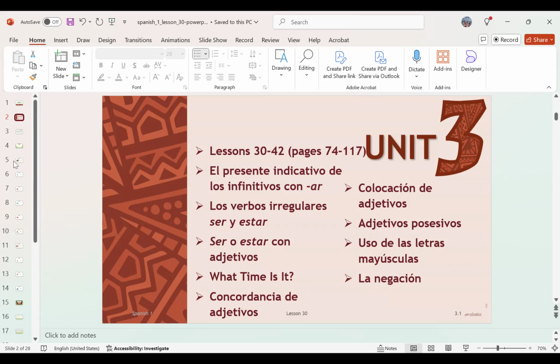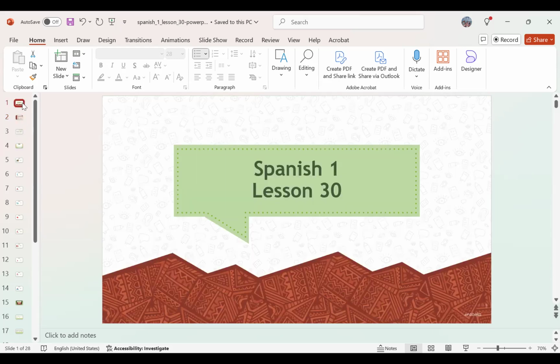This lesson will be lesson number 30, and for 30 we're going to be working on pages 74 through 79. I will put that in the video description: Lesson 30, pages 74 to 79, so that you have it there.